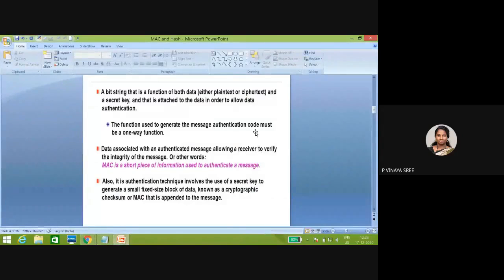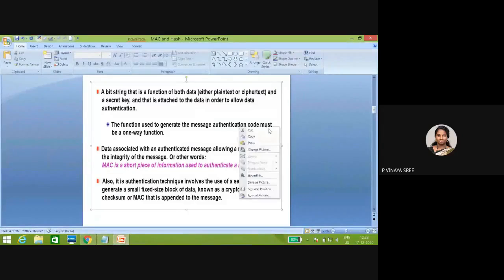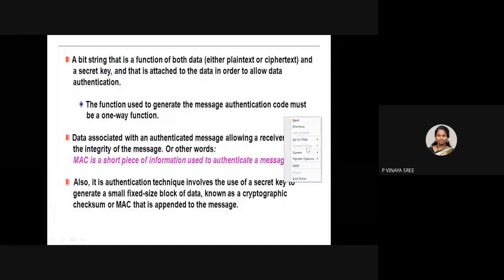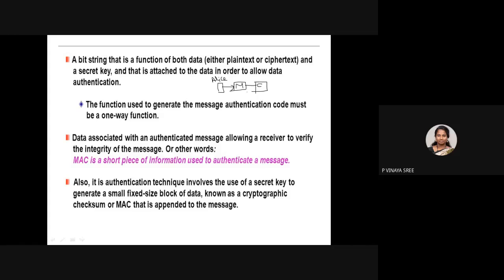Okay, try to understand. When Alice wants to send a message, this message goes to the MAC function C. In C you will have two inputs: one is the message and the other one is the symmetric key.